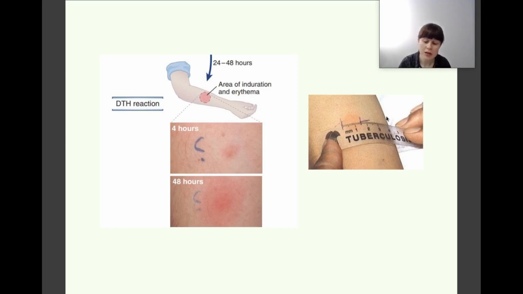The reaction is manifest by induration with redness and swelling at the site of challenge after 48 hours, and peaks in 2 days. And here you can compare the first day and second day.